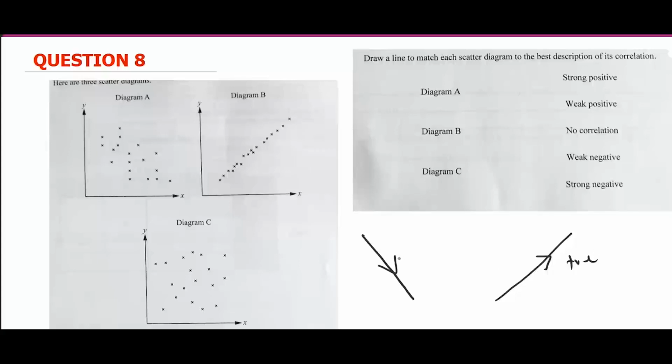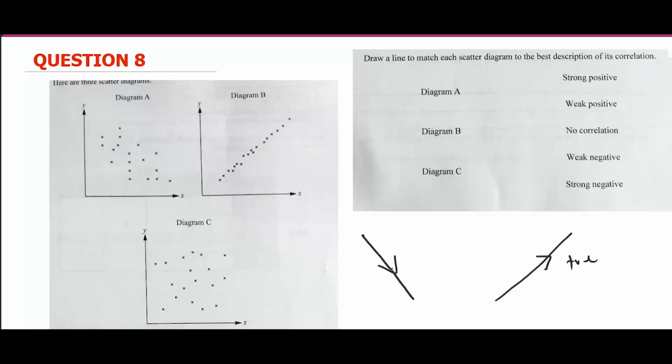When one is increasing and the other is decreasing, you have a negative correlation. But if it is difficult to tell whether it is increasing or decreasing, then there will be no correlation.